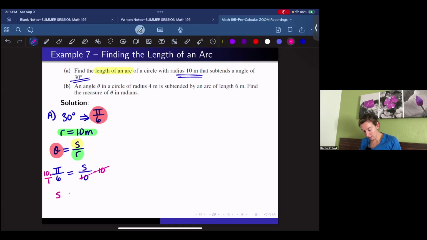And so we get S is equal to 10 pi over 6, which reduces to 5 pi over 3. And we're done. We can write our units. Radians.